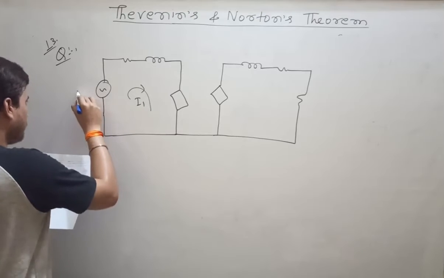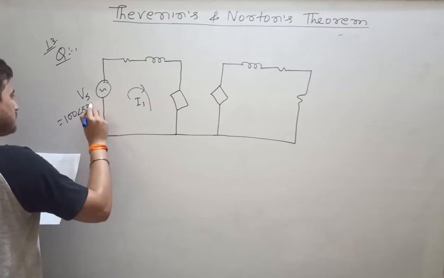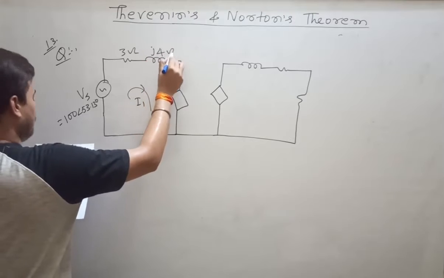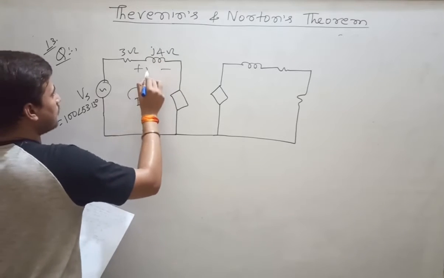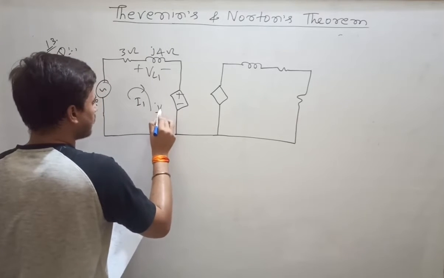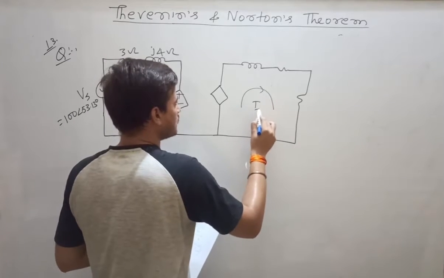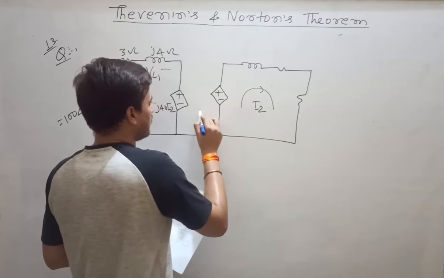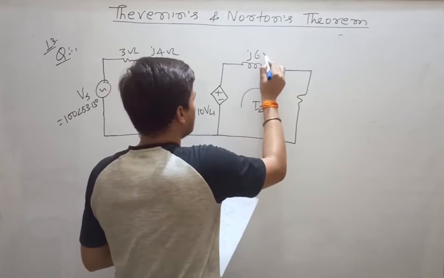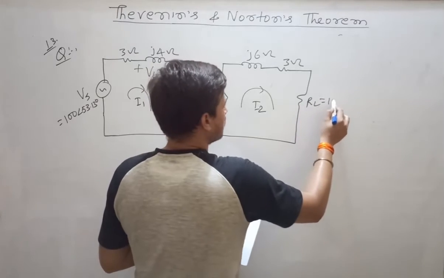The voltage Vs is given as 100 at the angle 53.13 degree. The resistances are 3 ohm and j4 ohm. This voltage is plus minus VL1, and this is j40 I2, where I2 is the current flowing in this loop. Here it is 10 VL1. This is j6 ohm. This is 3 ohm and this is RL equal to 10 ohm.